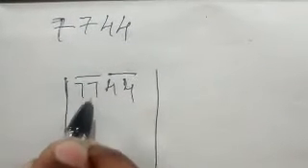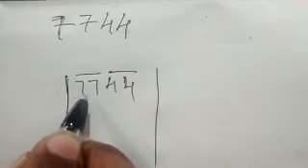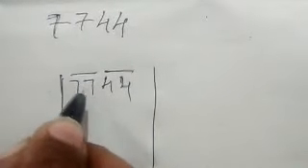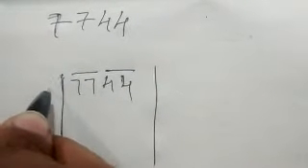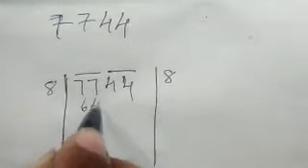Still we can go, 9 9 is 81. Oh, 81 is going to be bigger for this. So 8 8 is right. 8 8 is 64. So we are going to put 8 into 8, 64.